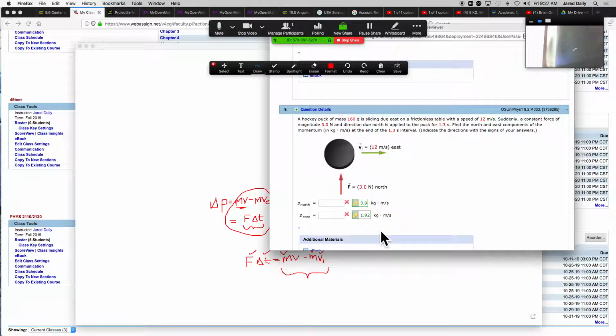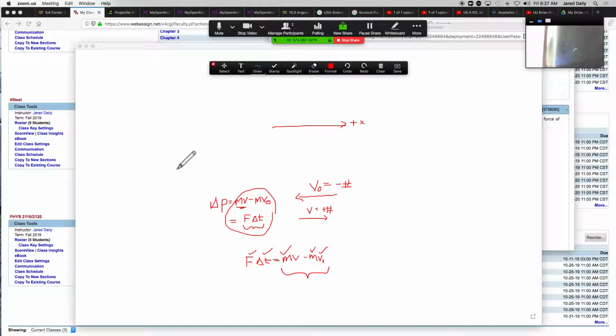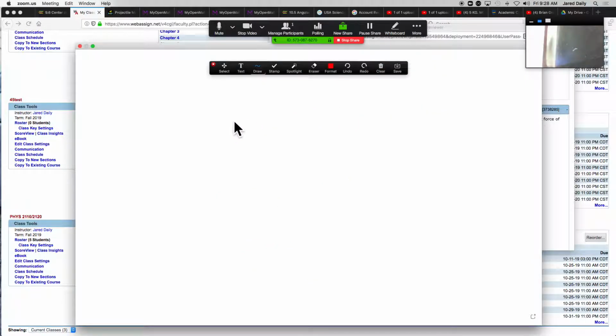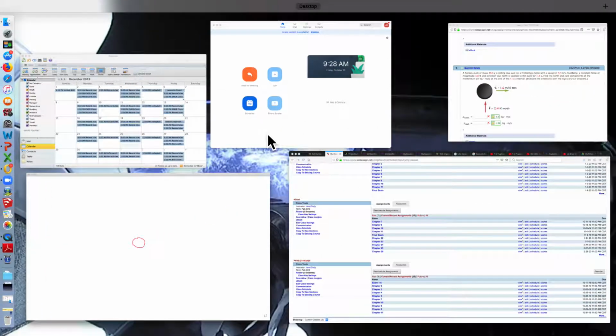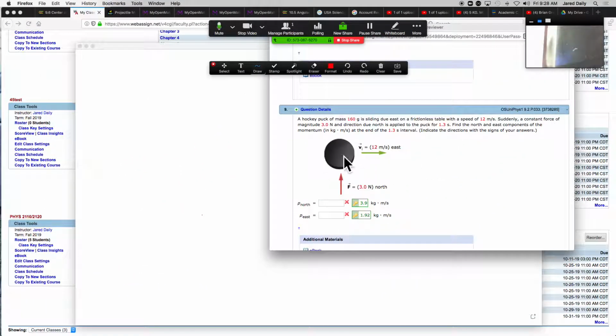That's a simple one. The hockey puck. You have a hockey puck that's starting out with a velocity in the positive x direction here.